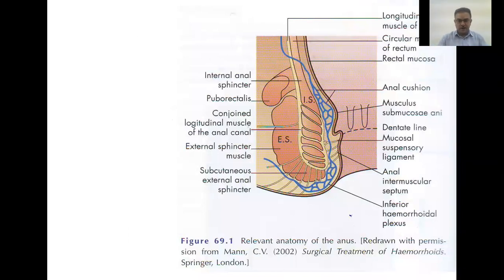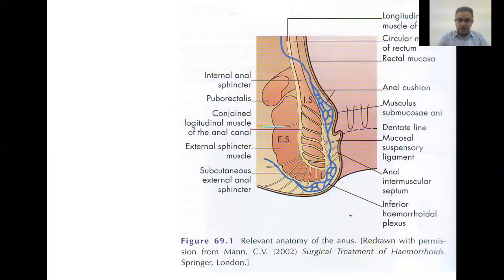Also, this is the relevant anatomy of the anus and the anal canal. There is the puborectalis muscle and the external anal sphincter. There are three parts of the external anal sphincter, and there is the internal anal sphincter, which is important. It is a condensation, the lower continuity, of the circular muscles of the bowel, whether small bowel or large bowel.